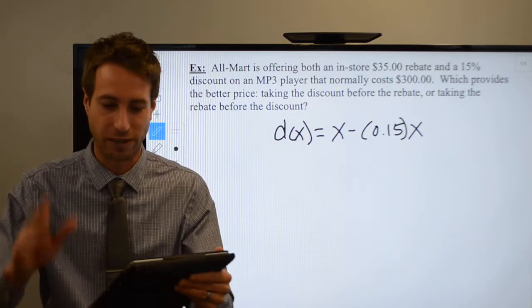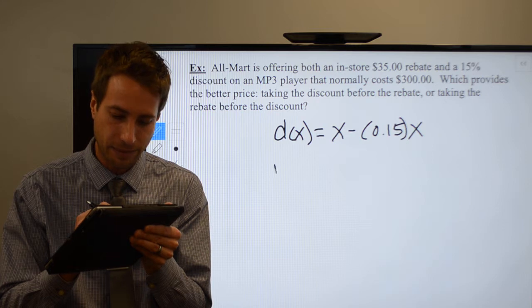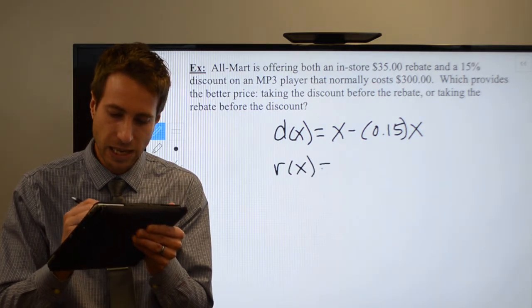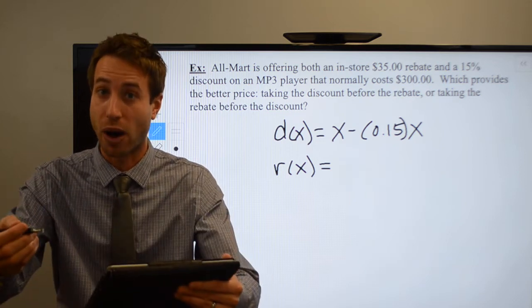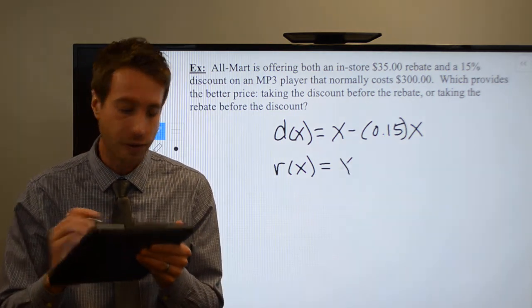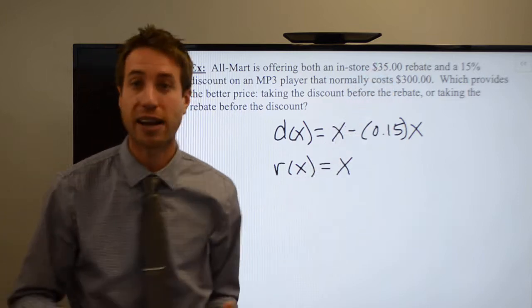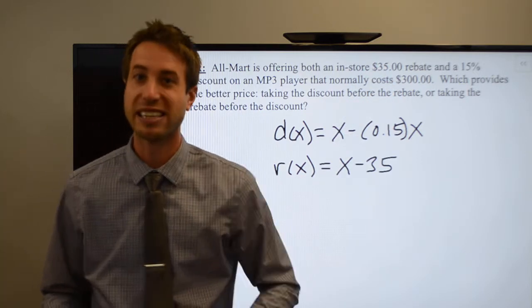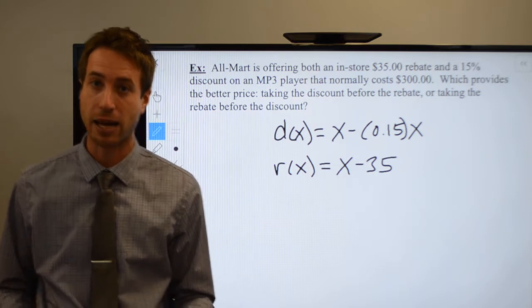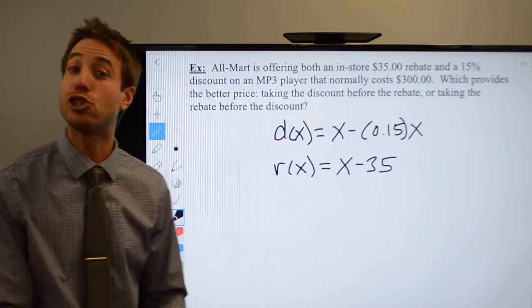I don't want to spoil it for you. So here we go, the rebate. The rebate is $35 off the price of the item. Whatever the price of the item is, subtract $35 from it, and you have the price that you would actually pay.